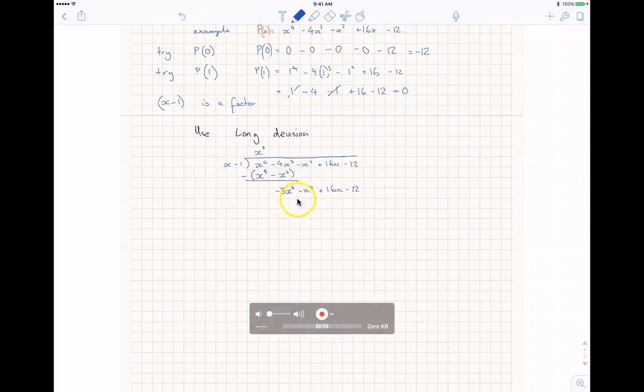Now we look at this term. What do we need to multiply x by to get minus 3x cubed? So that would be minus 3x squared. So we take the minus 3x squared and multiply the divisor. So x times minus 3x squared is minus 3x cubed. Minus 3x squared times minus 1 gives us plus 3x squared.